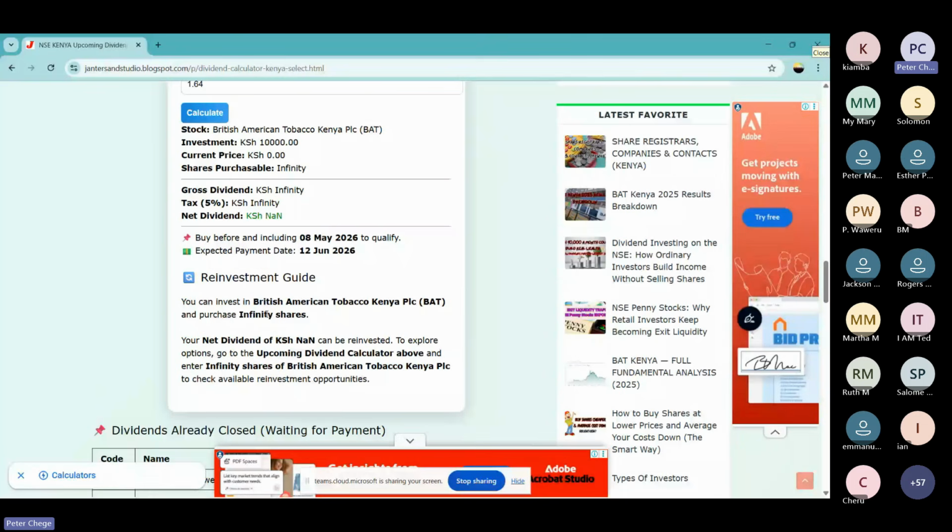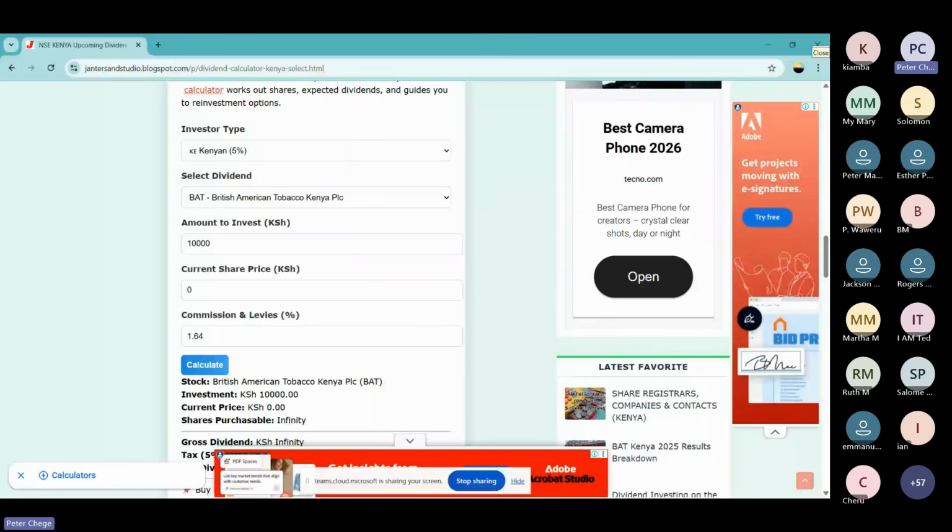If you calculate, it tells you the number of shares. I need to update the price of BAT, but it calculates everything for you.